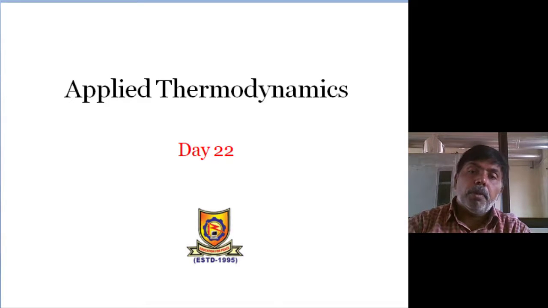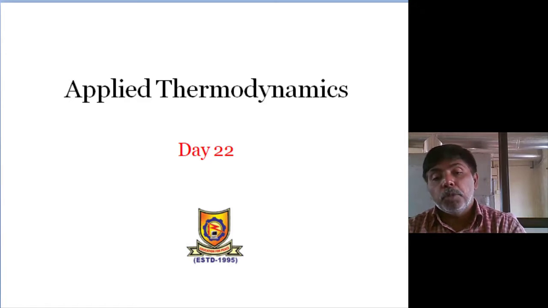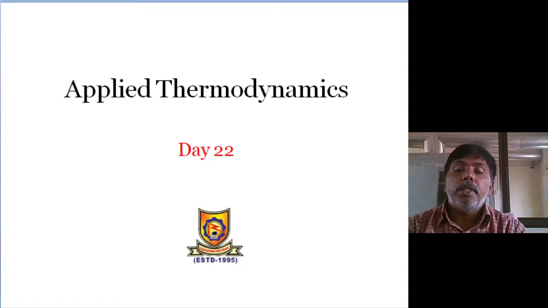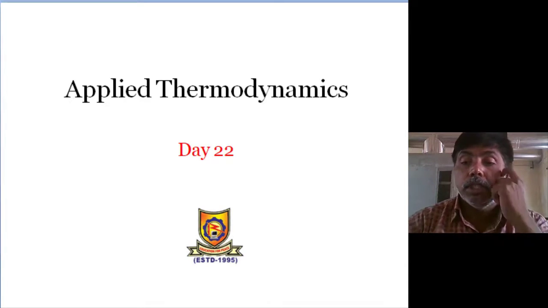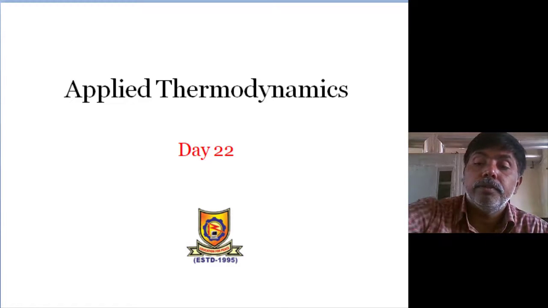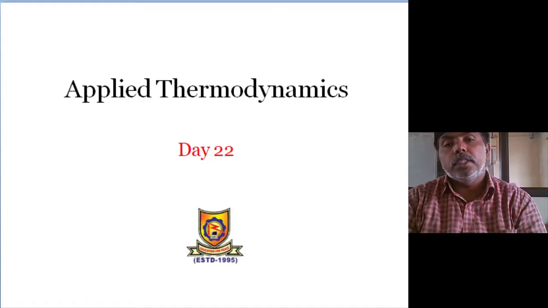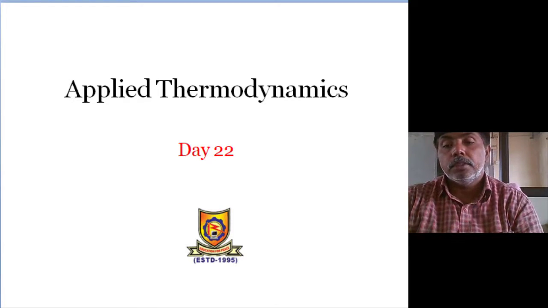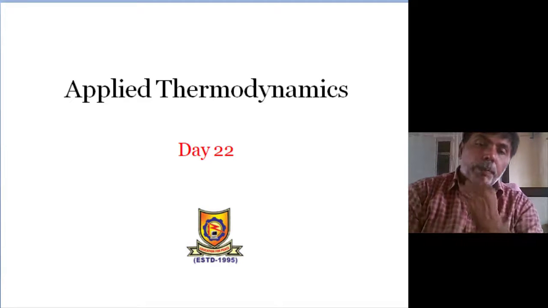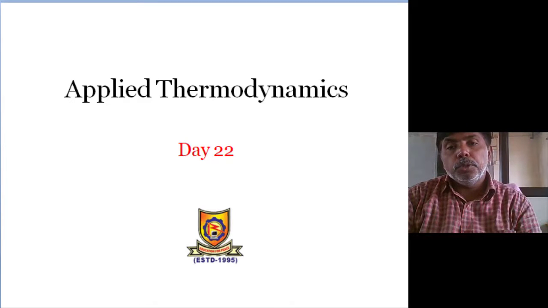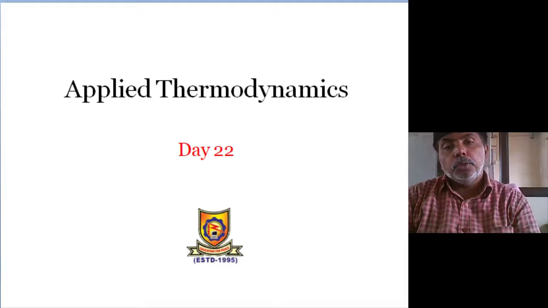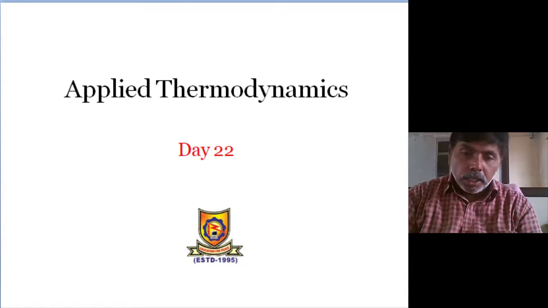Next, coming to the brake power, we can use two types of dynamometers: absorption dynamometers and transmission dynamometers. Brake power we can measure using these two types, which means we are measuring torque and angular velocity.